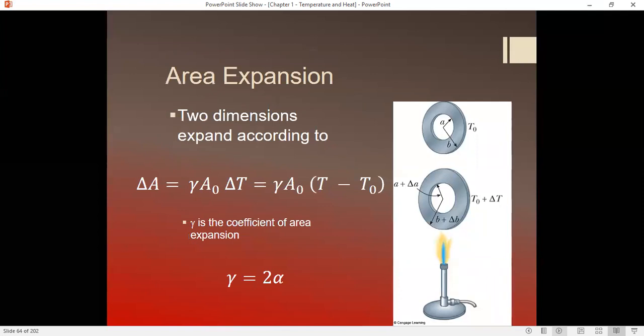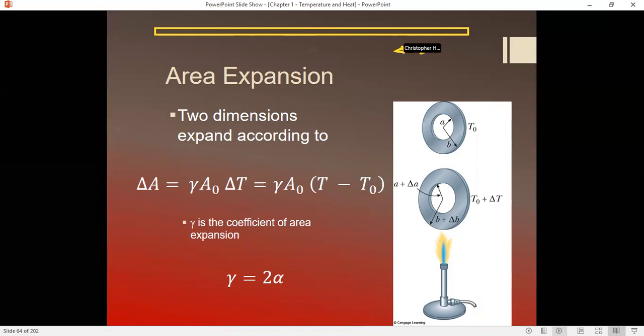Now, what about the area? Okay, what we started out with is an object that was very long compared to its other dimensions. Therefore, all we were interested in is how much longer it got, because how much it changed in the other dimensions really wasn't all that significant.